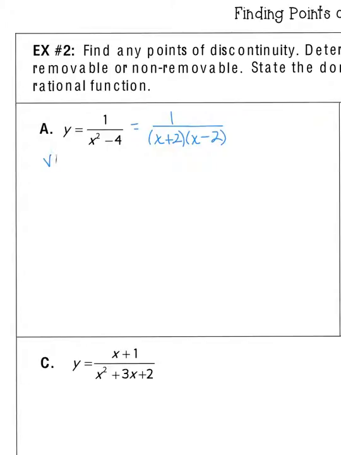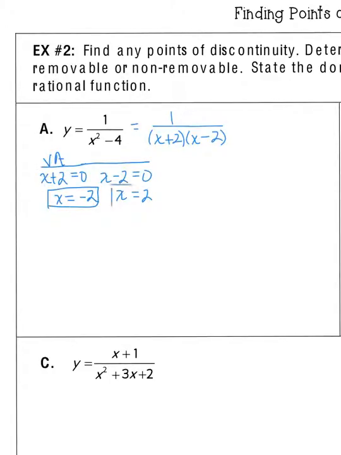So my vertical asymptotes are going to come from setting x plus 2 equal to 0 and setting x minus 2 equal to 0. On the left, if I subtract 2, I get x equals negative 2, and on the right, if I add 2, I get x equals positive 2.